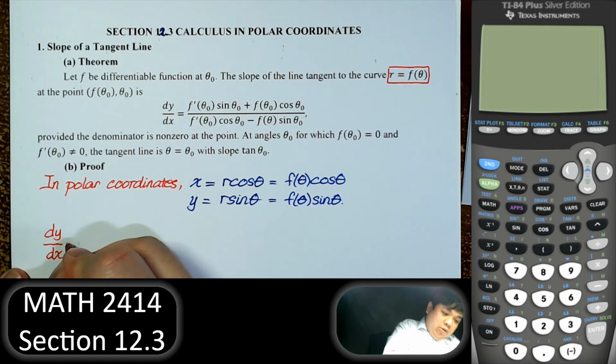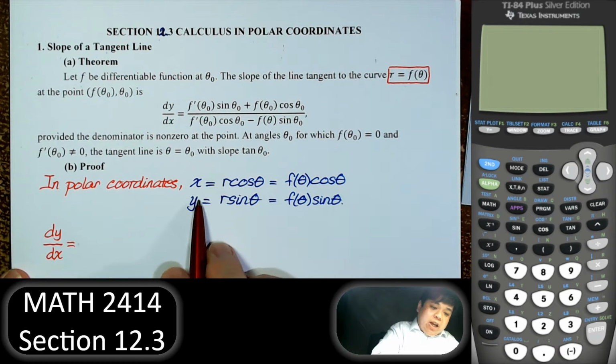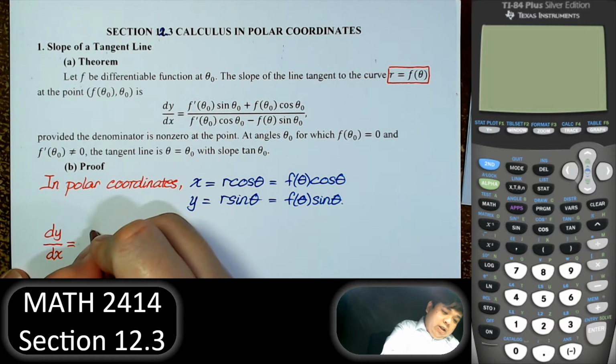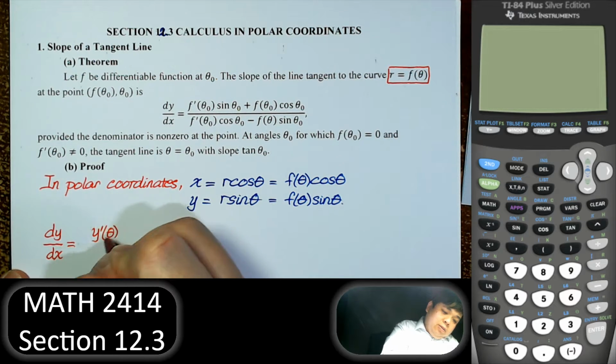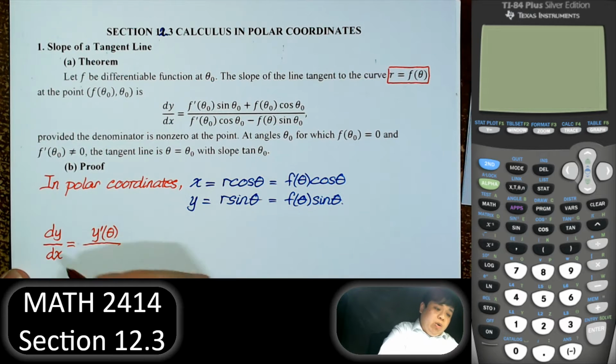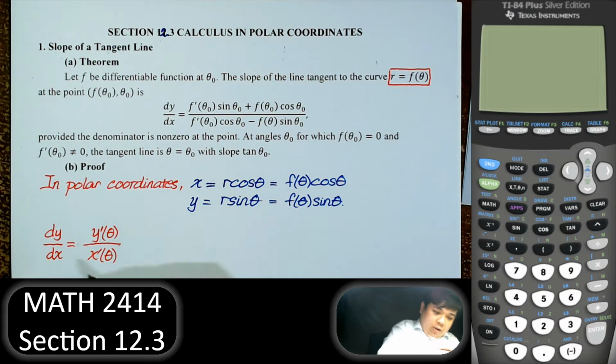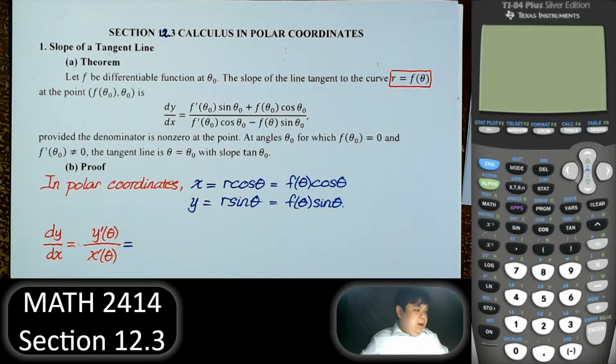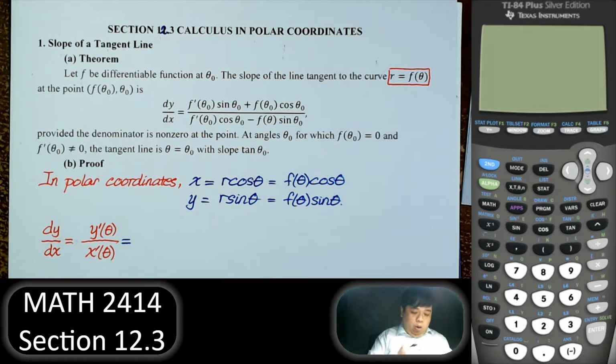As mentioned before, both x and y are functions of theta, so we can take the derivative of y with respect to theta, over the derivative of x with respect to theta. Now this is just the step where we need to be a little careful. The derivative of y over the derivative of x with respect to theta.